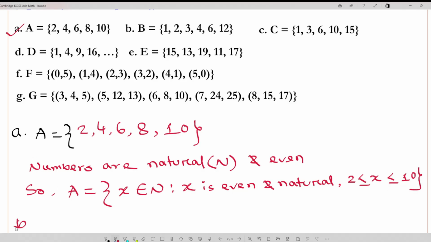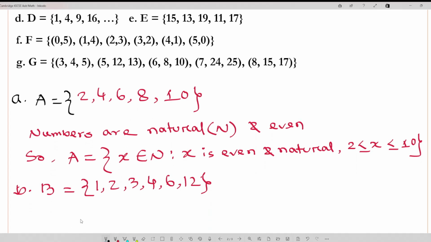Then B. Here B is a set whose elements are 1, 2, 3, 4, 6, 12. This one also, the numbers are natural. But here is a problem.